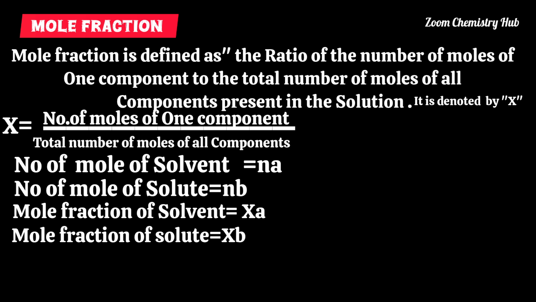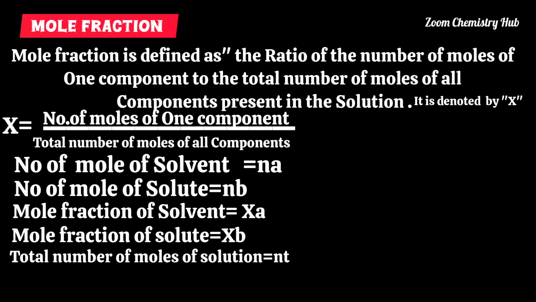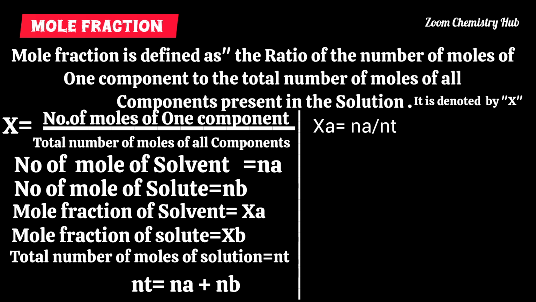Then the total number of moles of this solution is denoted as Nt, and Nt is equal to Na plus Nb, and the mole fraction of the solvent, Xa, is equal to Na divided by Nt.